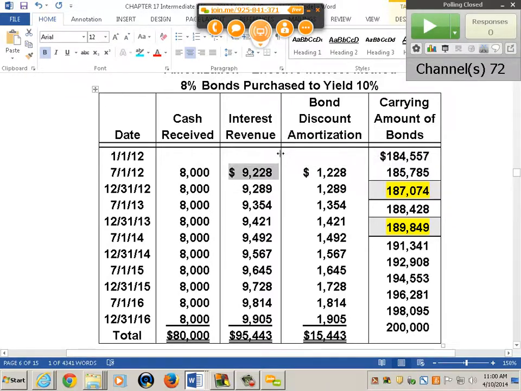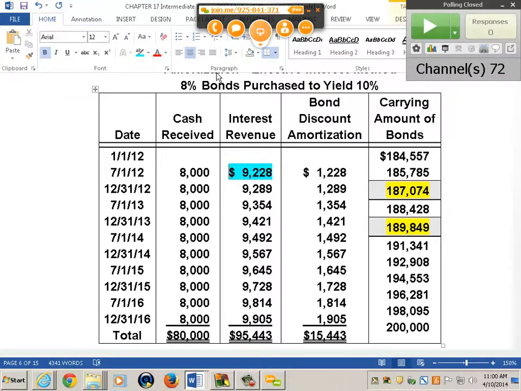How do we get the interest revenue? The interest revenue of $9,228 is going to be based off of the semi-annual effective yield against the balance of the debt.